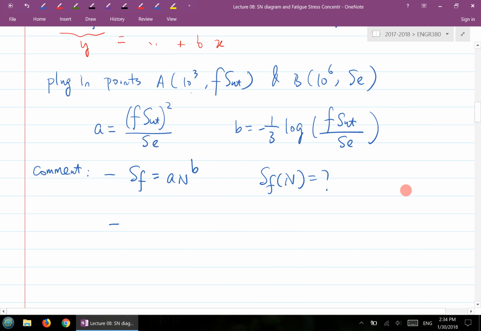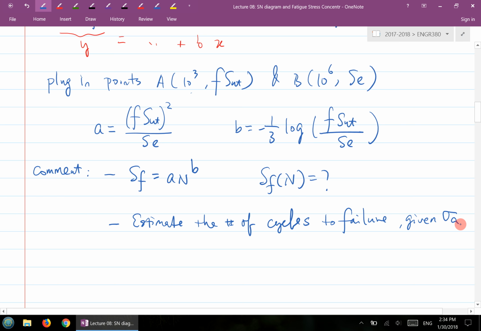The second interpretation is that we can estimate the number of cycles to failure, given the amplitude of the completely reversed cycle.